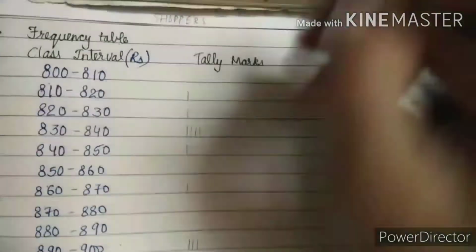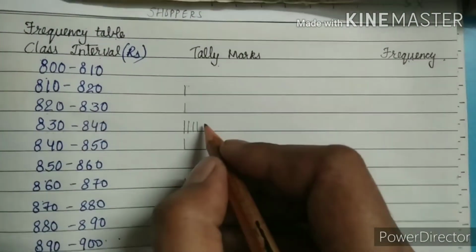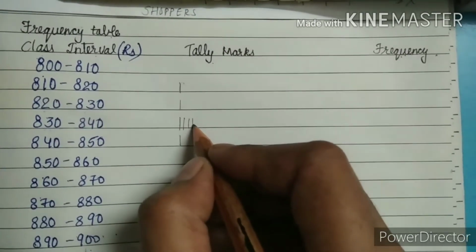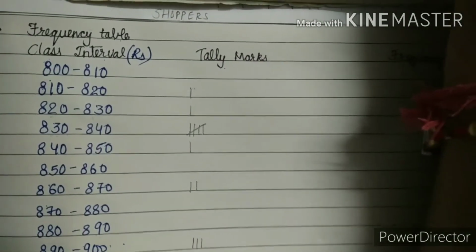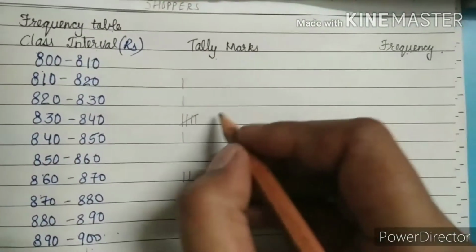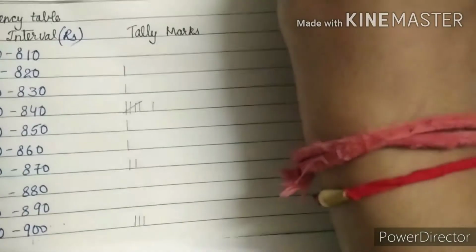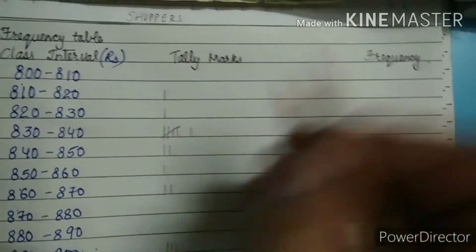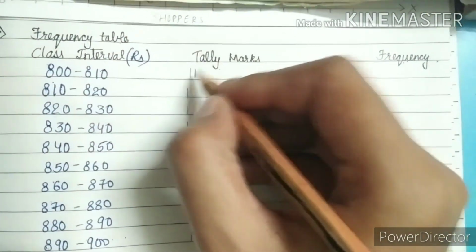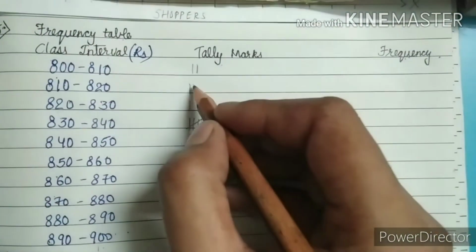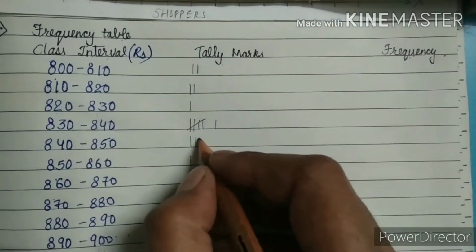Then 860 in the lower limit. 832 will come here, but here 1 2 3 4 is already drawn, it means the fifth will come as a slanting line. Okay, 832 is also gone. Now 833, the sixth number. 855 will come here. Then 845 will come here. Then 804, then 808, then 812 will come here. Then 840 will come in the lower limit.